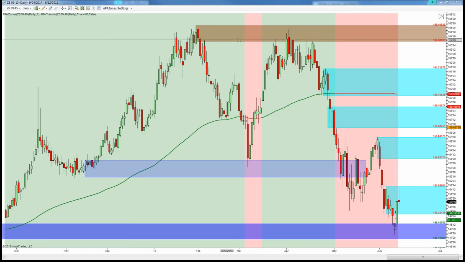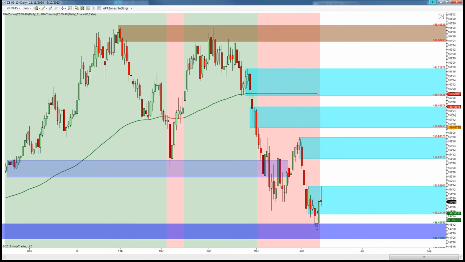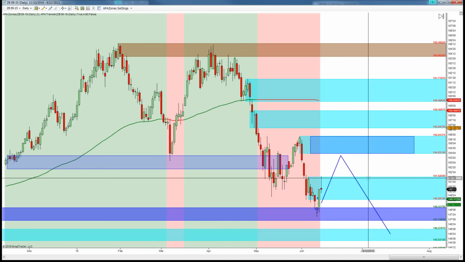So I'm going to come in here and say that the trend is down, and I'm just looking for the pullback. Okay. All right, so that's what I'm going to be looking for here. I really like this level up there, but so something like this for the trend follow.